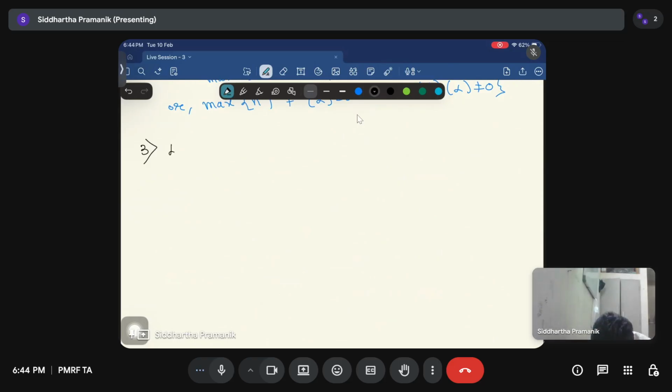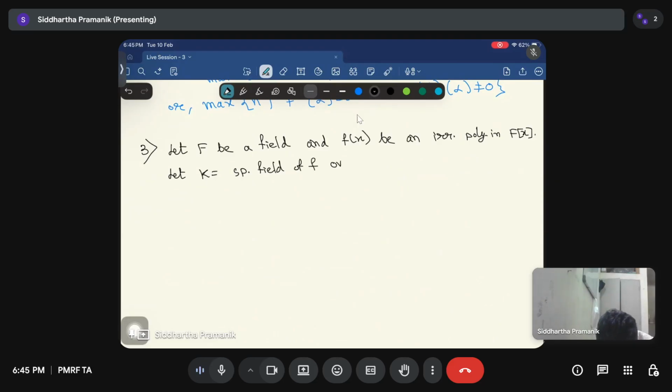So let F be a field and f(x) be an irreducible polynomial in F[x], and let K be the splitting field of small f over capital F. So that means K contains all the roots of small f.